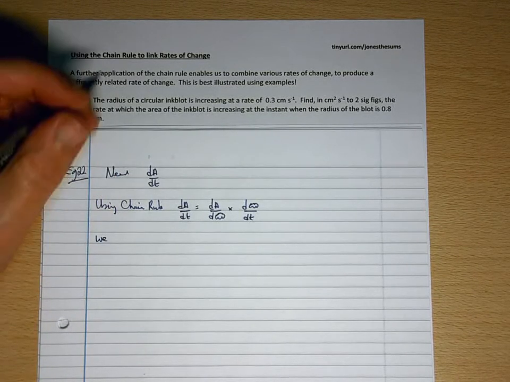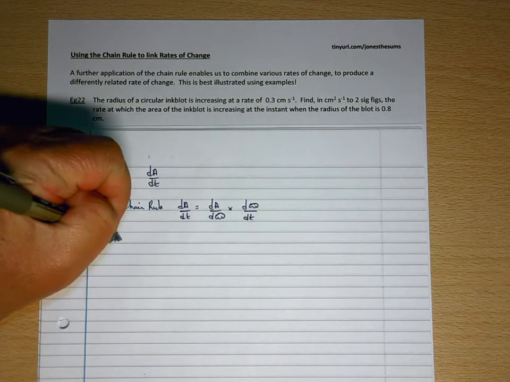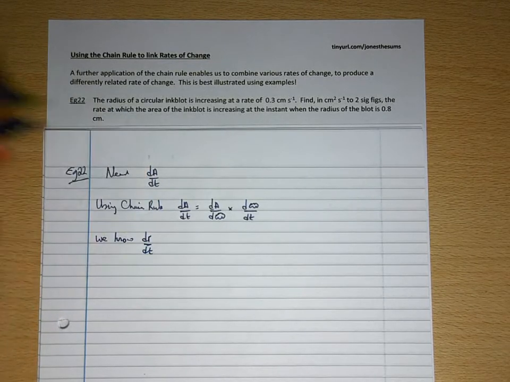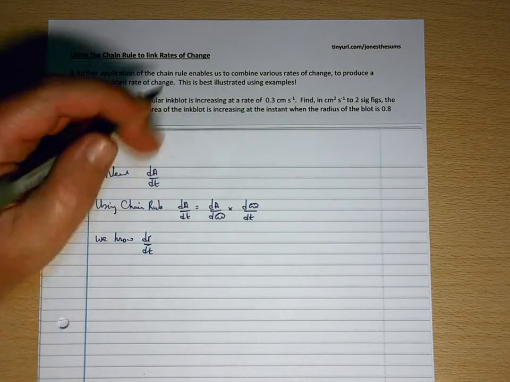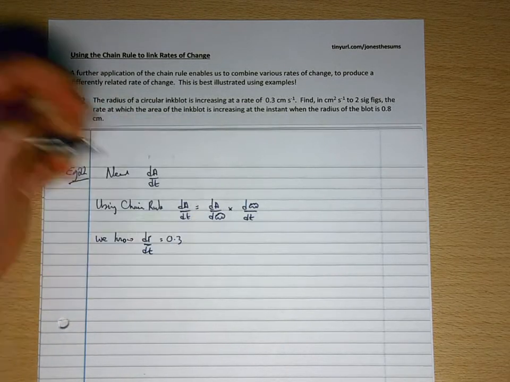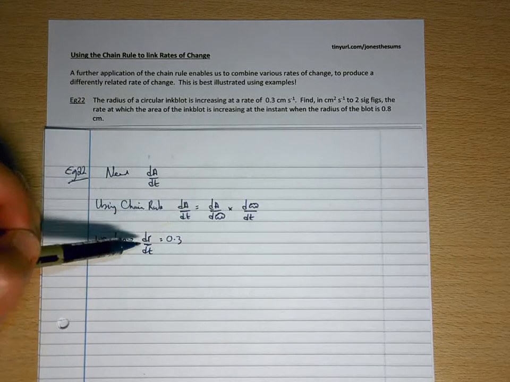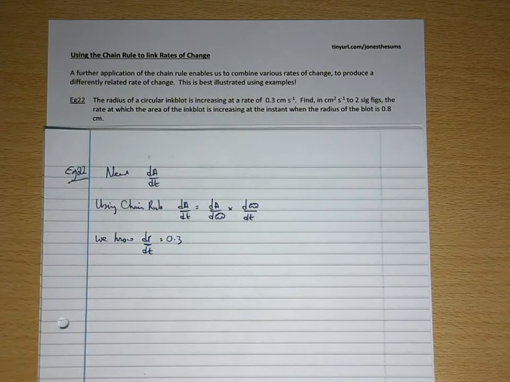So we also know dr dt is equal to 0.3. So in our case, the third variable is radius.